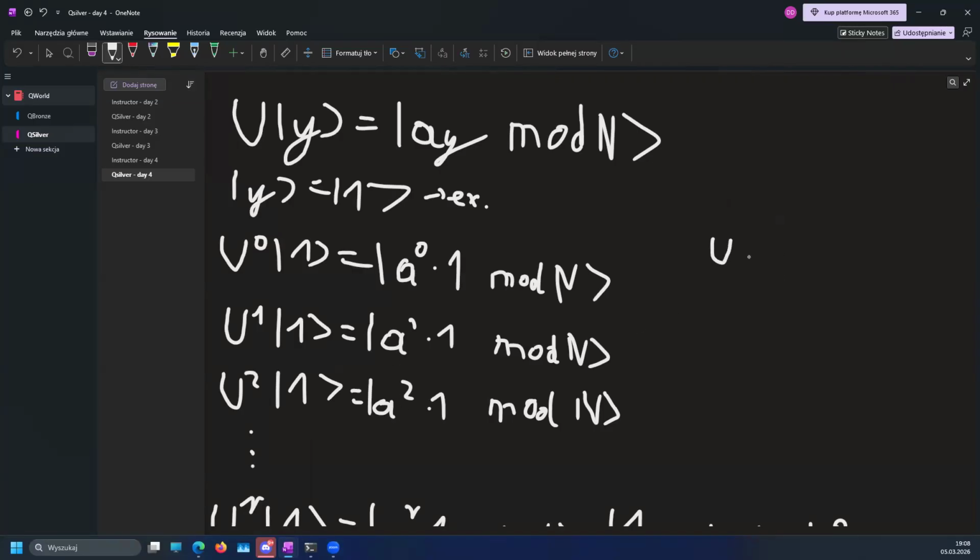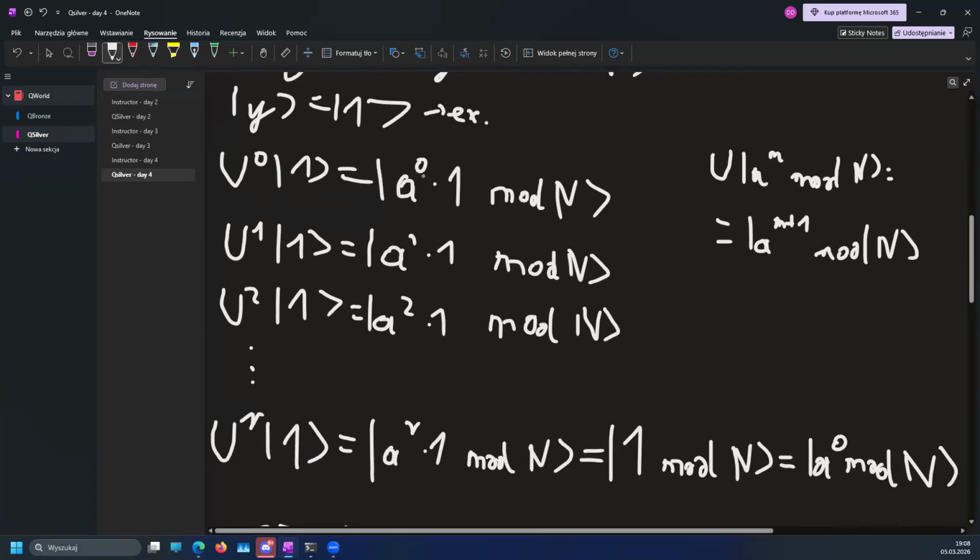So in other words, if you apply this to a to the power of m, remainder of n, it will give us a to the power of m plus 1 modulus n, which you can see here on the left, and we will use it below.